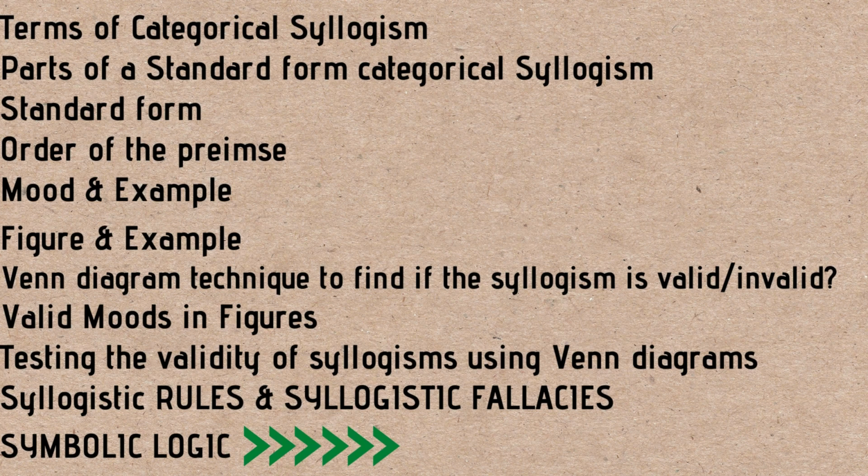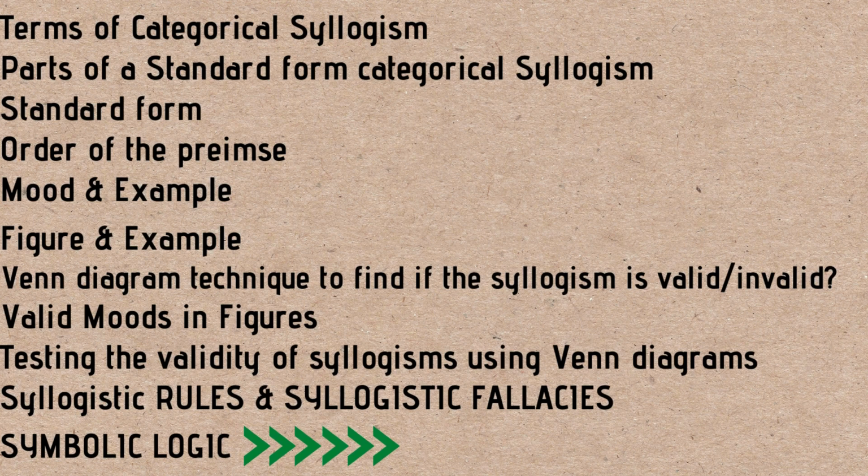And we have seen about the mood and figure with example. We have 64 moods in syllogism. In categorical syllogism, each mood is defined by the three letters of its constituent propositions. We have also seen an example for mood. The figure of a standard form categorical syllogism depends upon the position of the middle term in the premises.